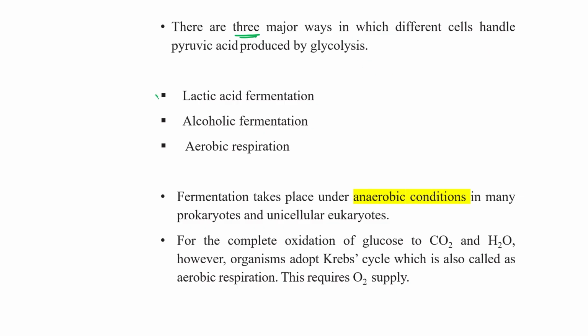One is lactic acid fermentation, second is alcoholic fermentation, and third is aerobic respiration. This fermentation takes place under anaerobic conditions, meaning in the absence of oxygen, in many prokaryotic cells and many unicellular eukaryotes as well.